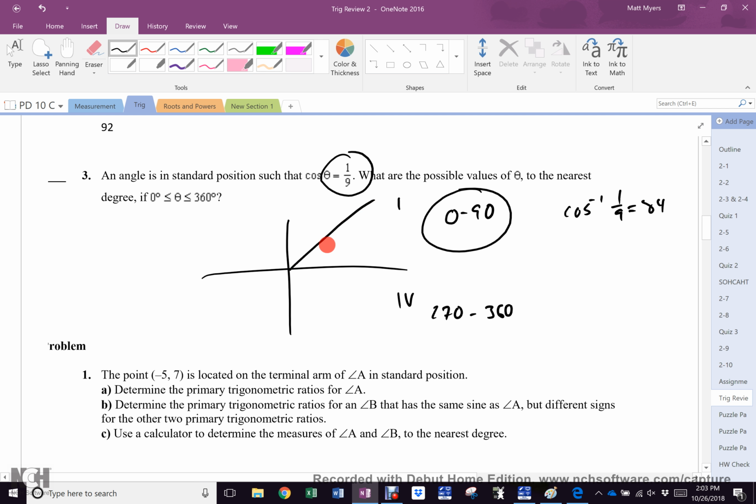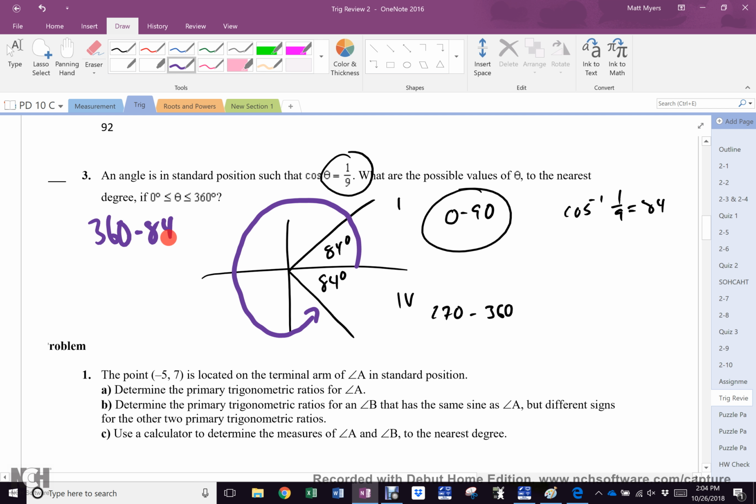So one of them is 84. The other one must have the same reference angle, 84. But that is not theta, because theta has to go all the way around. So it's 360 minus 84, which is 276. You need both of them to get the full 2 marks.